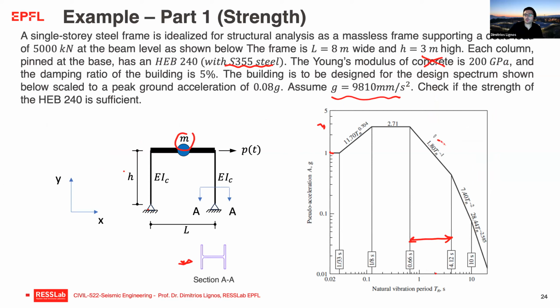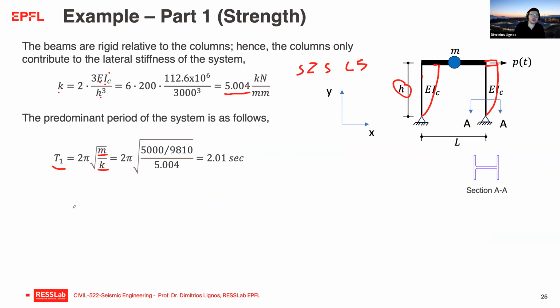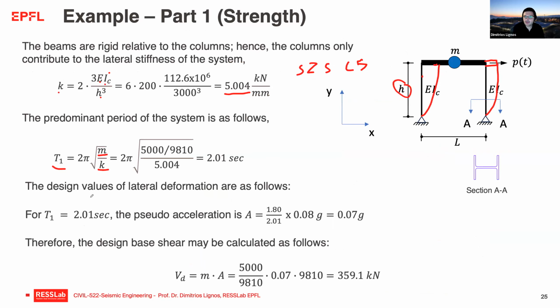So I can compute the corresponding value of my peak pseudo acceleration by using this branch, but I have to consider scaling it down to 0.08 because we said that everything is scaled down by 0.08. So coming back to this, sorry about this, this is a small typo.